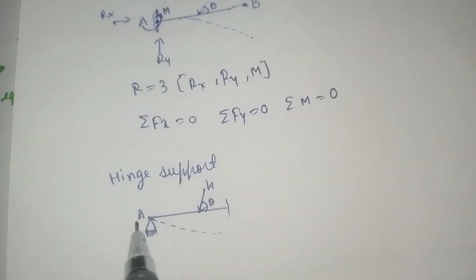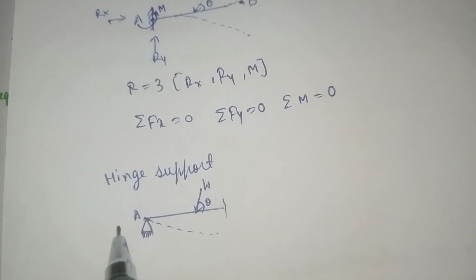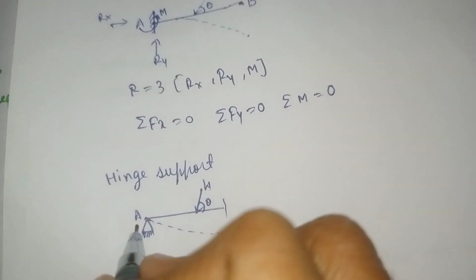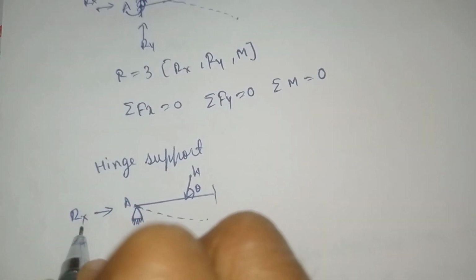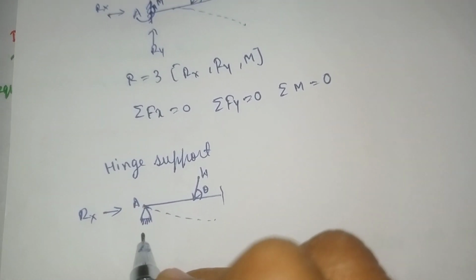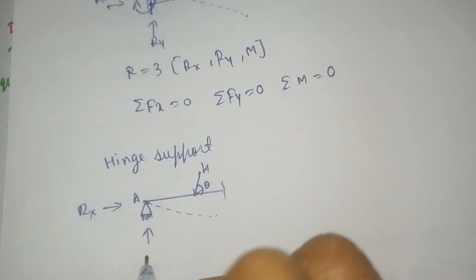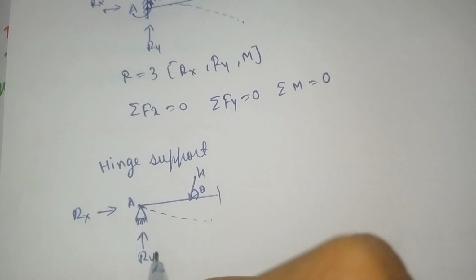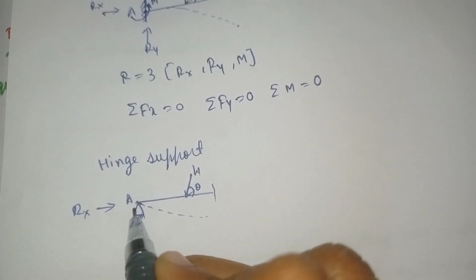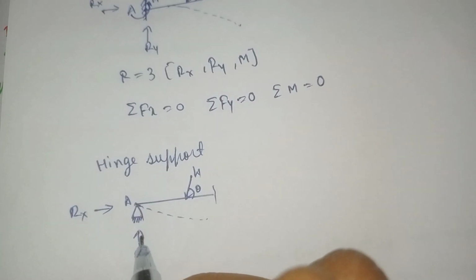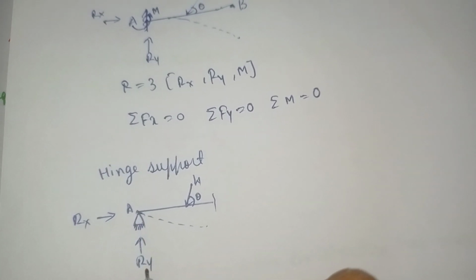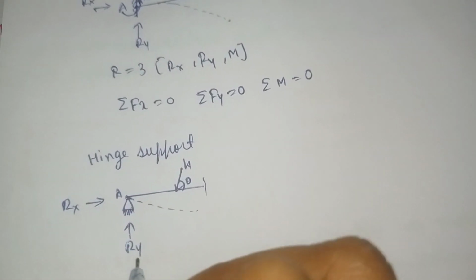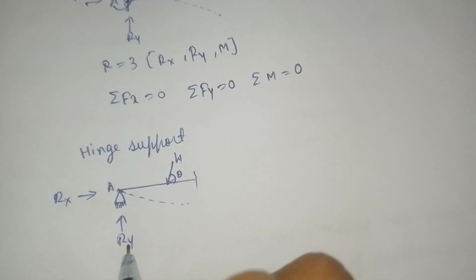Point A does not displace horizontally, so one reaction will form, that is Rx. Point A also does not displace vertically, it restrains the vertical displacement, so one more reaction forms, which we call Ry.